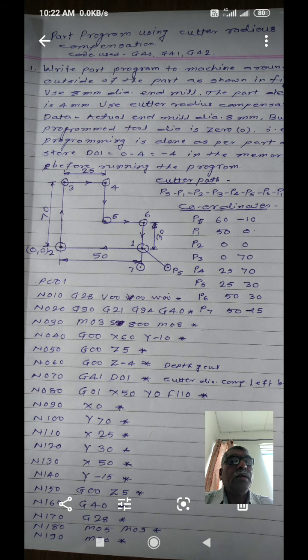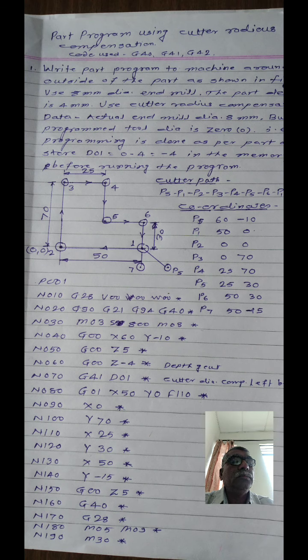Is it okay? Means when we use cutter compensation, initially we are writing the part program considering the radius of the cutter. Means the tool path is developed considering the radius of the cutter.